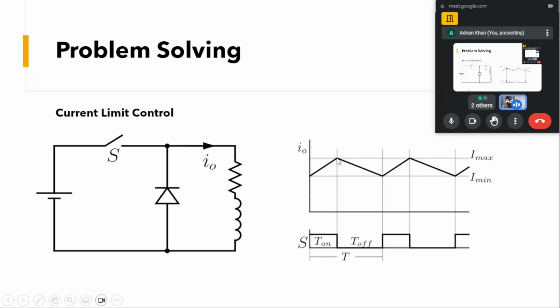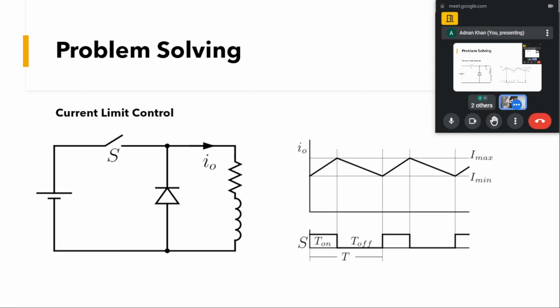And when the current reaches the lowest value of the band, at that moment we'll be turning on the device again. So we turn off the device at the peak value and turn on the device at the lowest value.